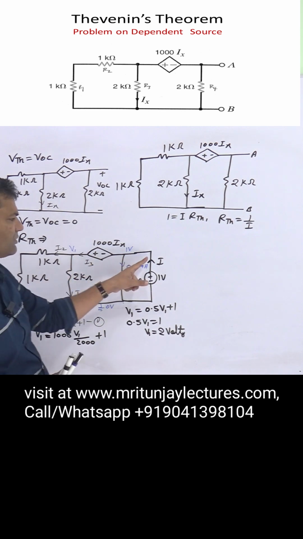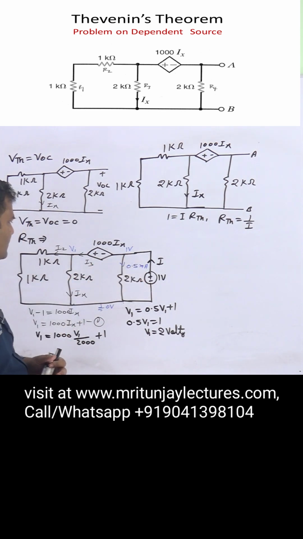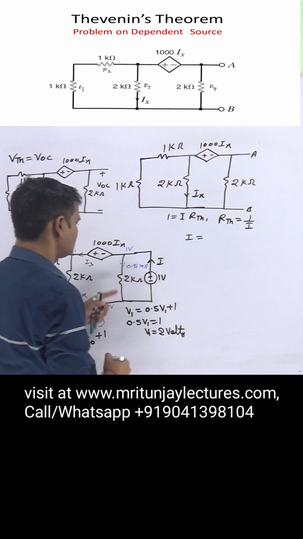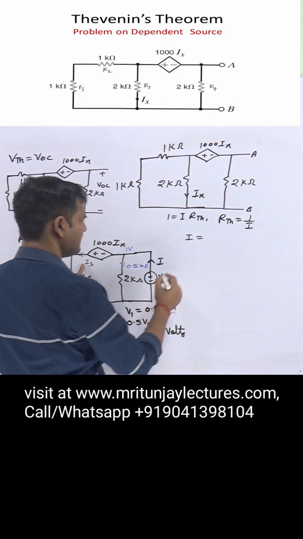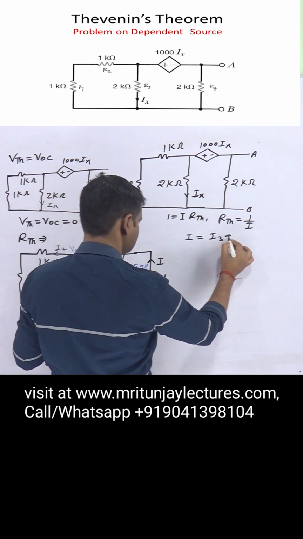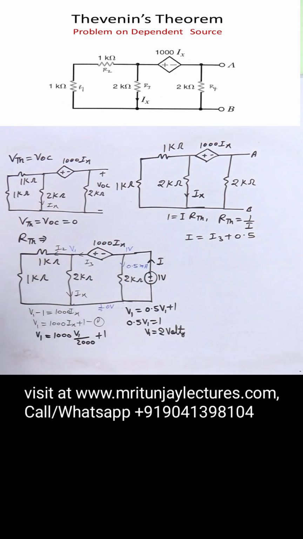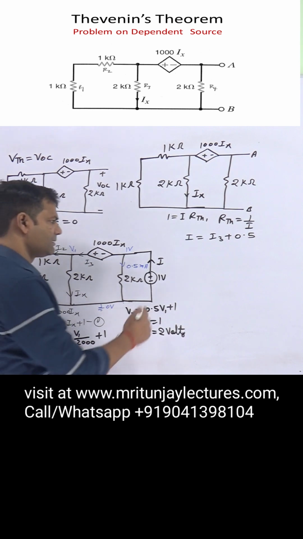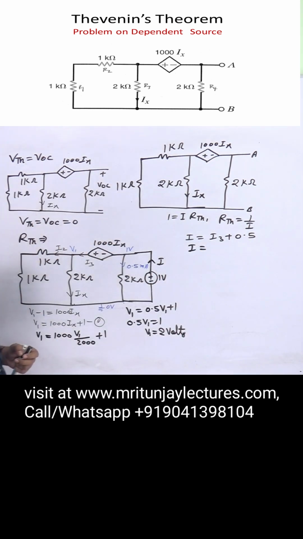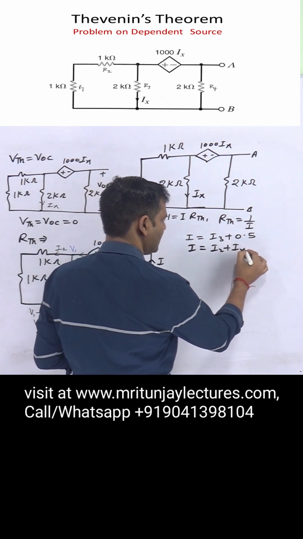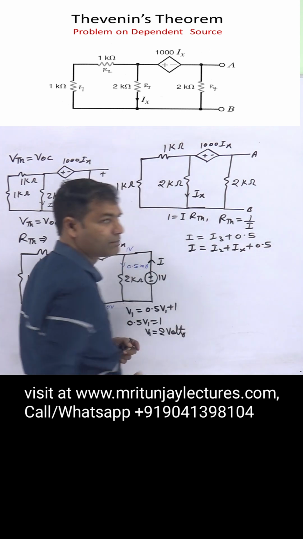Our motto is we are focused on I. So what about I? I is equal to I3 plus 0.5 milliampere. What about I3? I3 is written as I2 plus Ix, and plus 0.5.